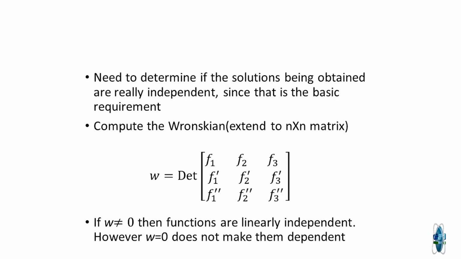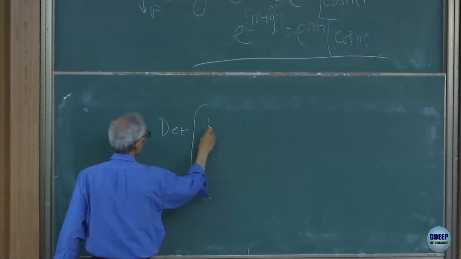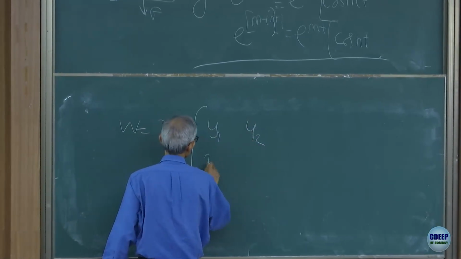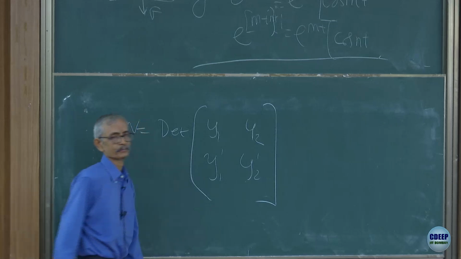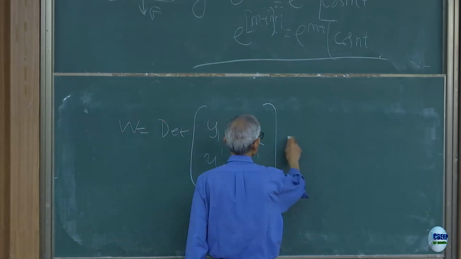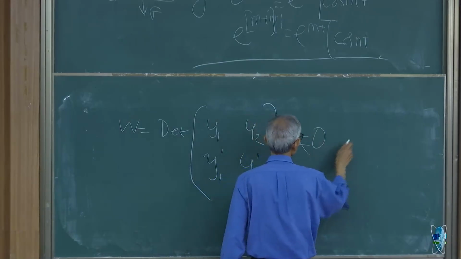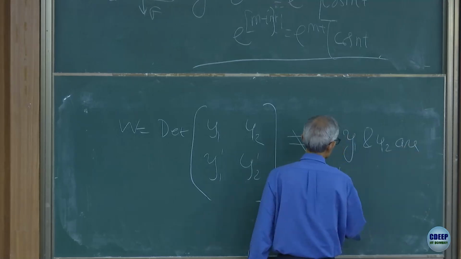There is something called a Wronskian, and you can evaluate the Wronskian, which is the determinant of y1, y2, y1 prime, y2 prime. Okay, so this is the Wronskian, and if the Wronskian is not equal to 0, then y1 and y2 are independent.